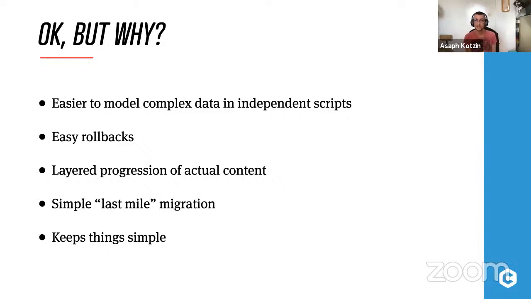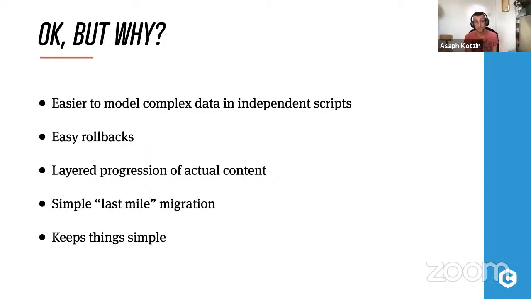Once we layer and split the migration into many different small scripts, it's much easier to incorporate this updated data into our flow and update our content as it evolves, until the final migration, which is usually done after a code freeze or a database freeze of a legacy system. Then we run these last mile scripts. We don't need to change our scripts. We can continue using them.